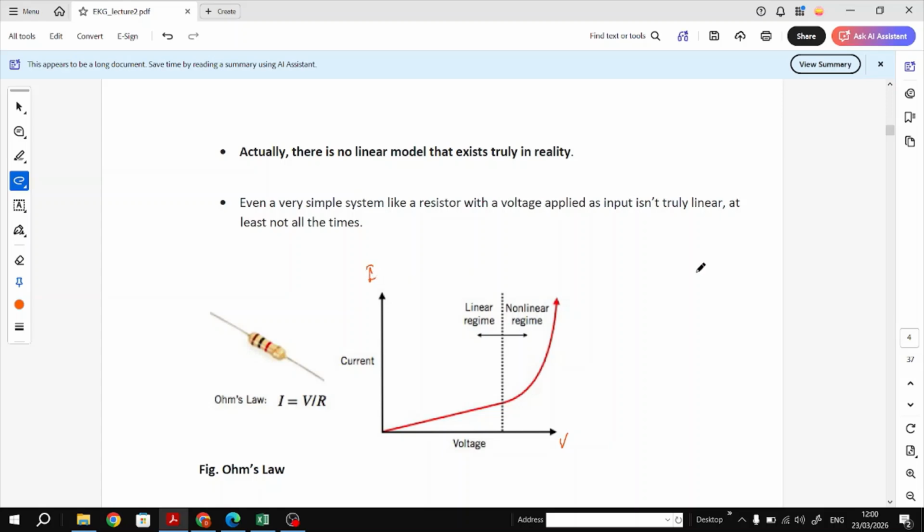Usually we take it as linear, but it's linear only under a certain portion, right? Like this portion. But after that, it starts behaving nonlinearly at high voltages and high currents. So this Ohm's law, which shows the relationship between the current and voltage, is only applicable in this linear region.